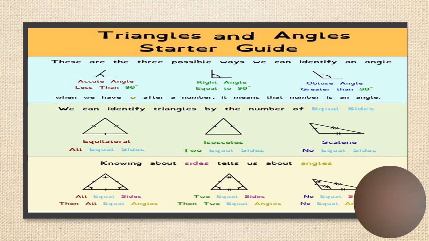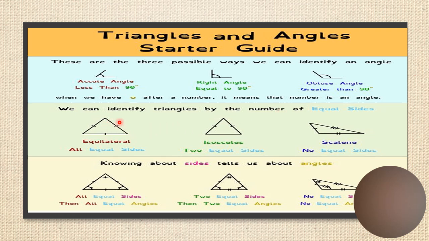One of the things we need to understand is the language of angles. When we say the angle is acute, it means the angle is less than 90. When the angle is equal to 90, we call that a right angle. When an angle is bigger than 90, it's called an obtuse angle.